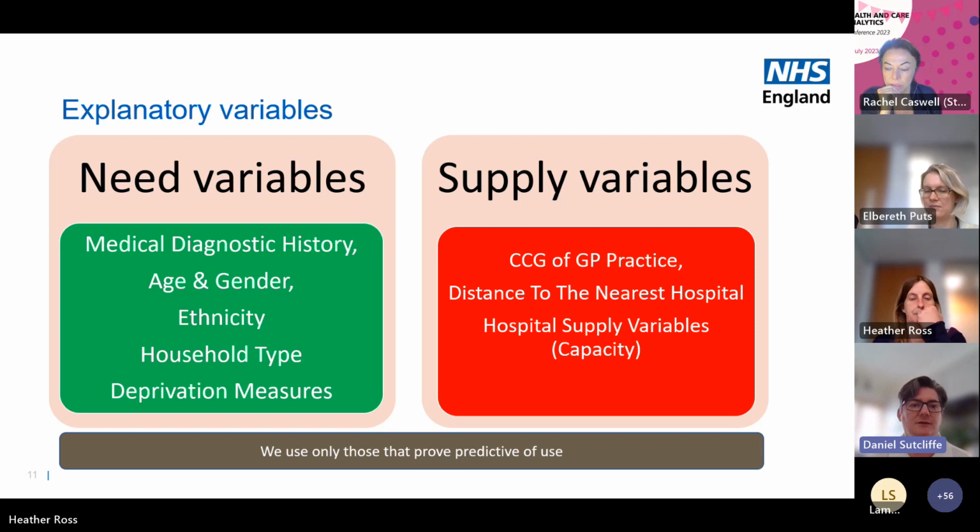So the capacity of the hospitals in question. And we only use those variables that are actually predictive of use. And I'll talk shortly about how we go through reducing maybe 1,000+ variables to a more manageable model. Next slide.